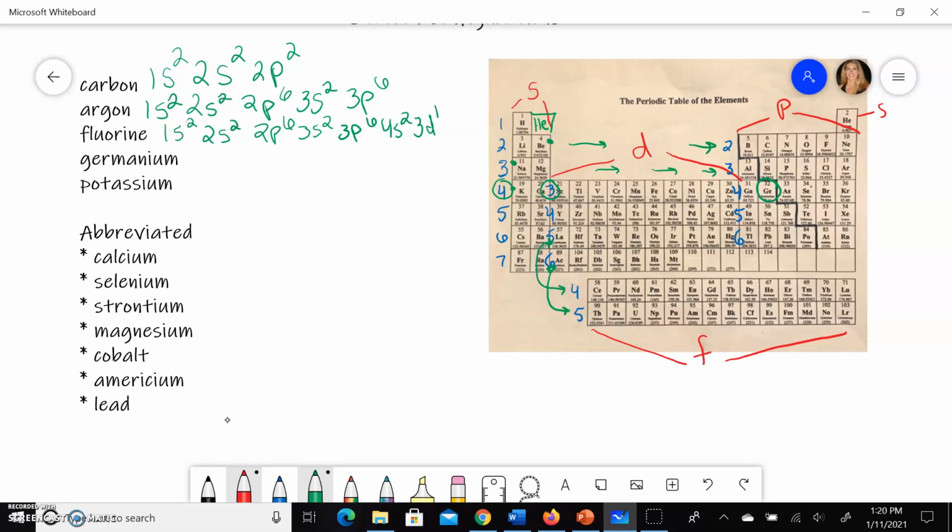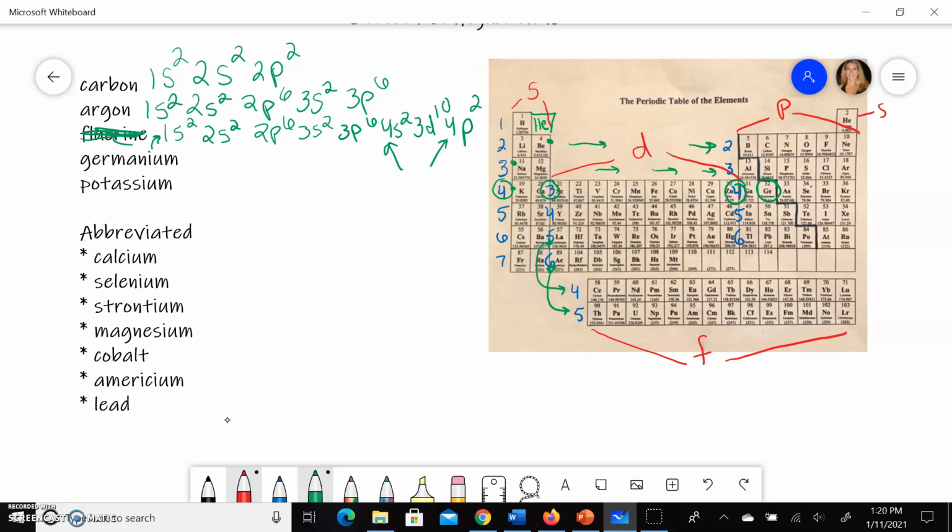And if you count across for D, you can get to 10. That's the most you can put for a D. But then notice that right here, the P is back up to 4. So the S and the P numbers will always match, and the D will always be 1 less. And then we're counting across to germanium, so you should get to 2. And, whoops, sorry, that was for germanium, not fluorine.